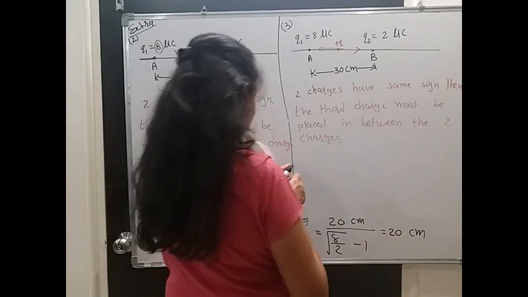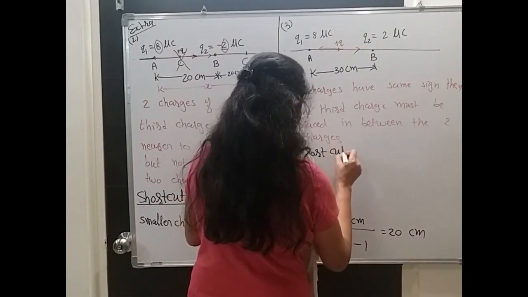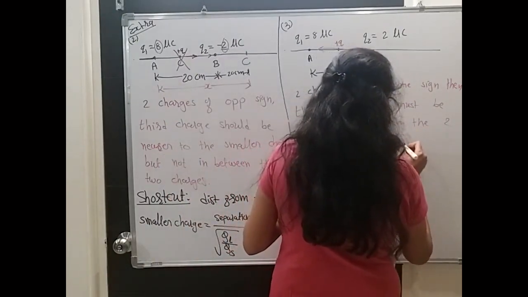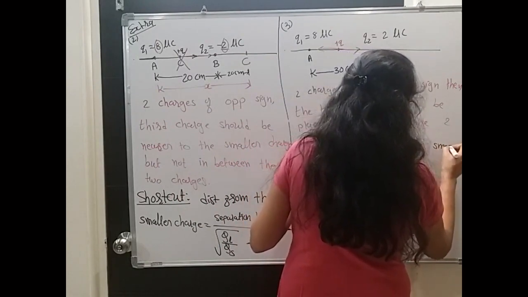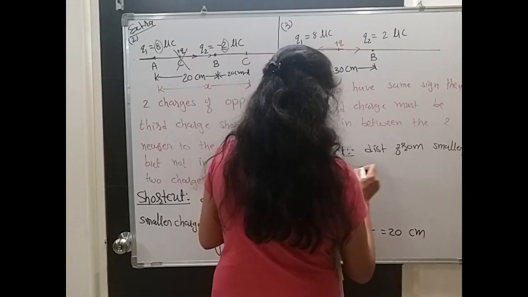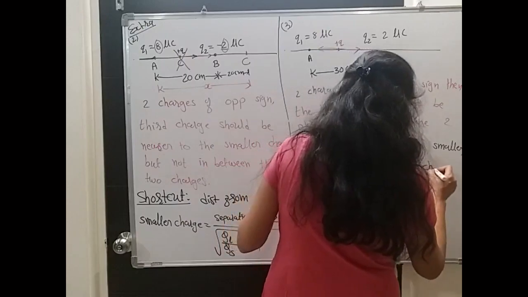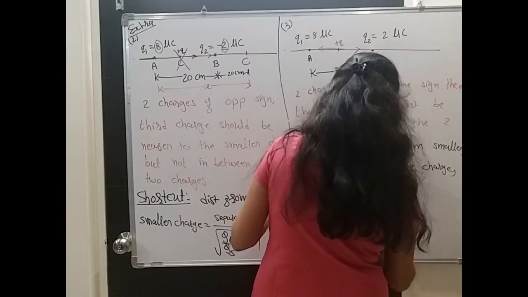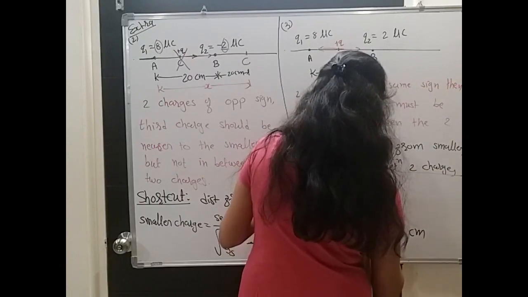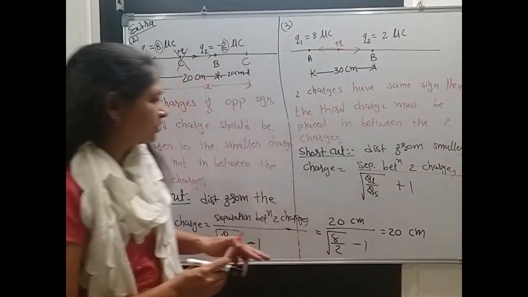Once again we have a shortcut. Distance from the smaller charge is equal to the separation between the two charges divided by the square root of q larger divided by q smaller, but in this case it will be plus 1. Only this is the difference.